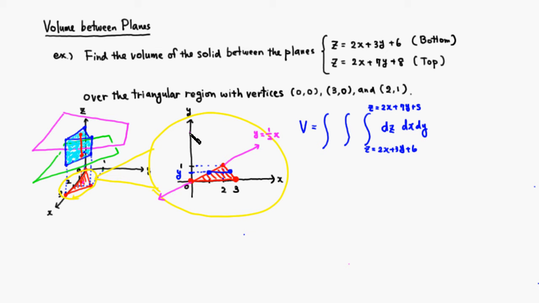The other line has slope -1 and passes through 3, so y equals -x plus 3.